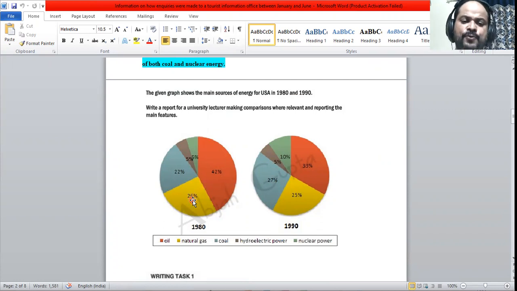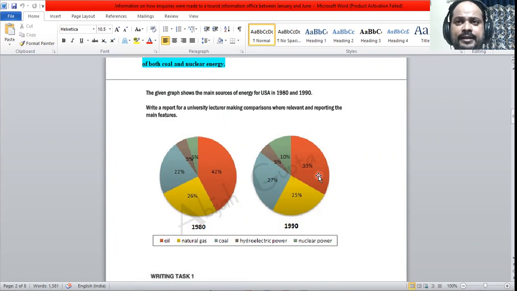The second most was natural gas. Together they constituted around 42 plus 26, around 68%. So the lion's share of the energy consumed in the United States of America in 1980 was from oil and natural gas. The same thing was in 1990.